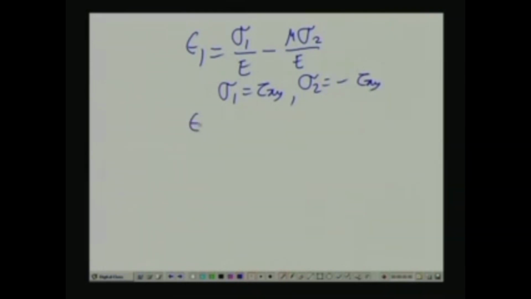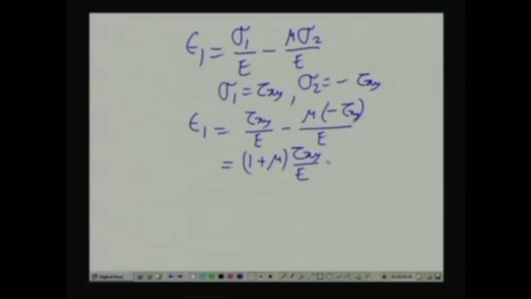Hence, epsilon 1 is equal to tau xy by E minus mu times minus tau xy by E. So, this is equal to 1 plus mu times tau xy by E. Let us call this equation 1.